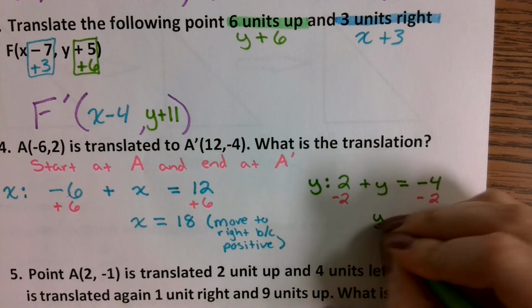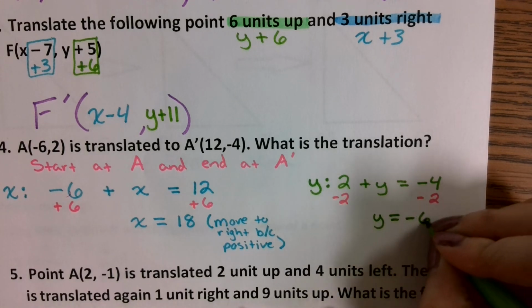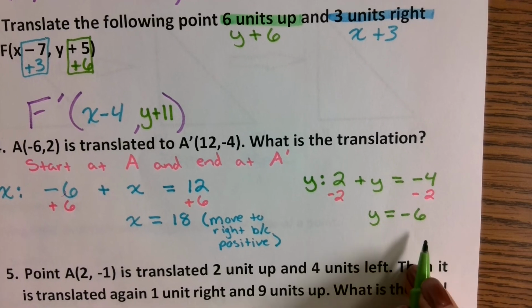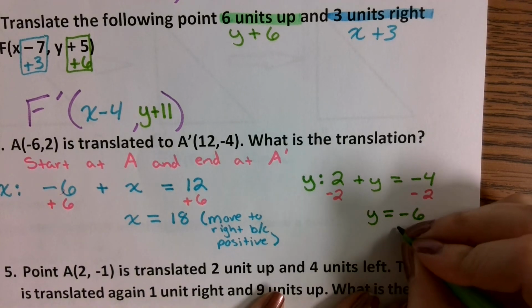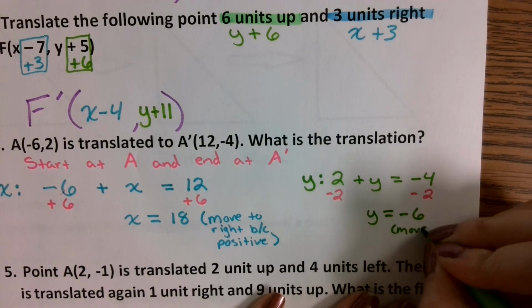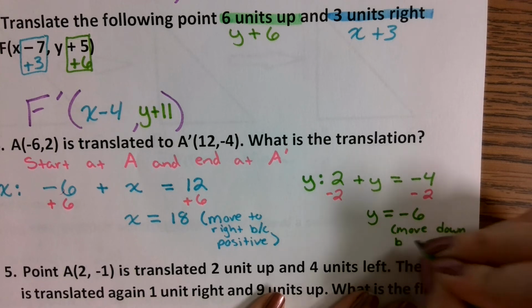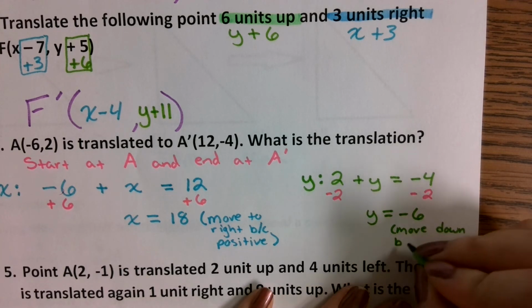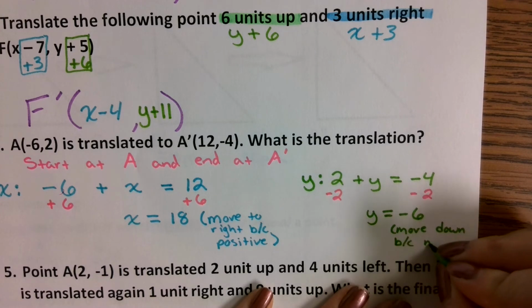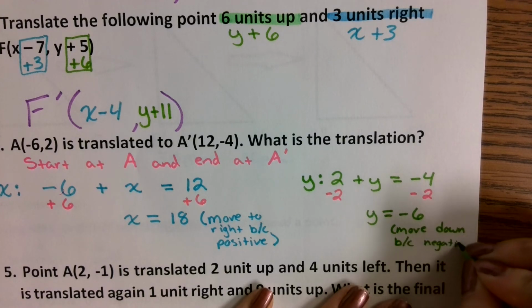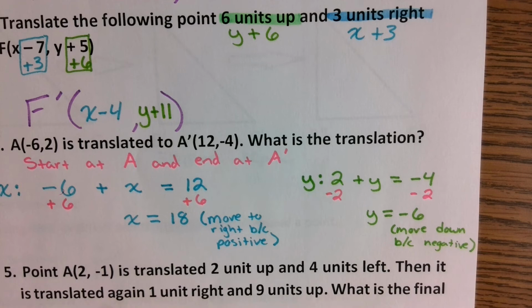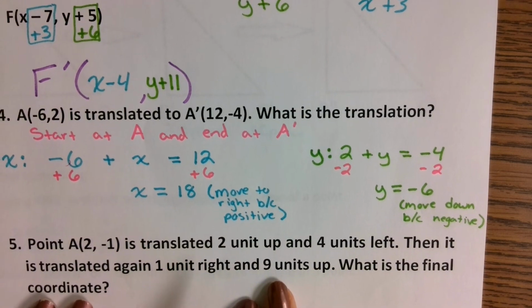And that puts us at y equaling -6. So since the y's change was -6, that means that we moved down. We moved downward because it was negative.